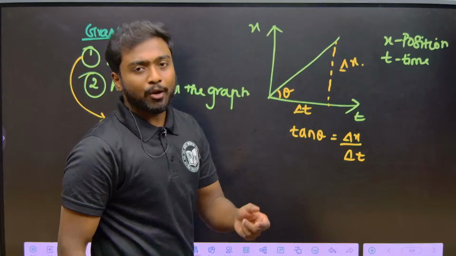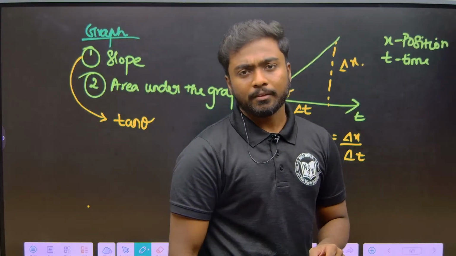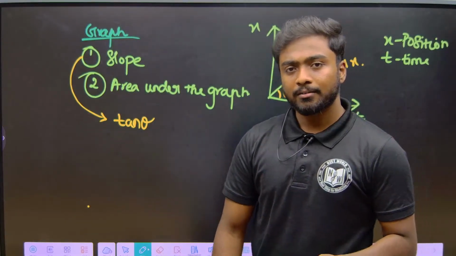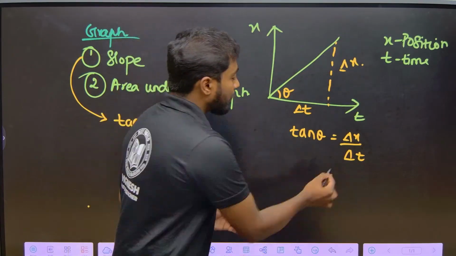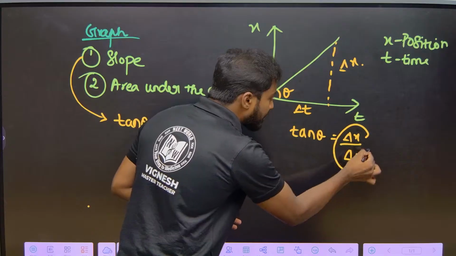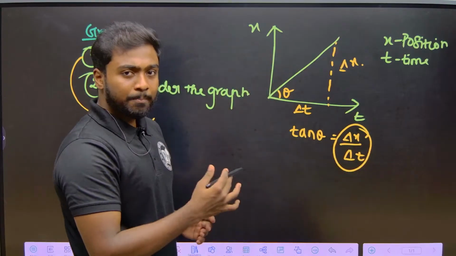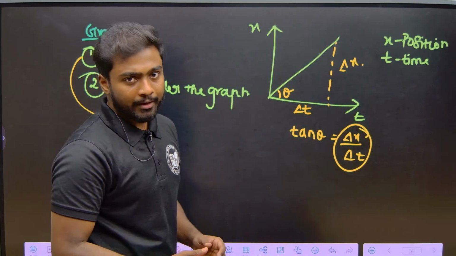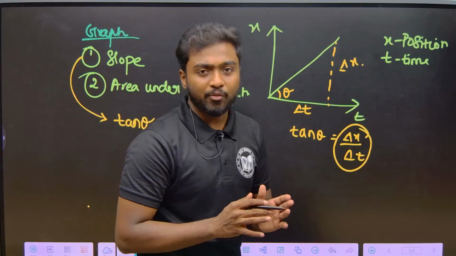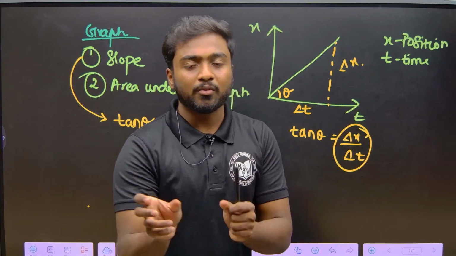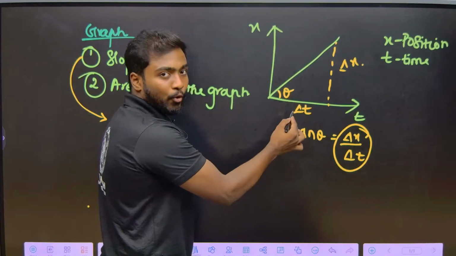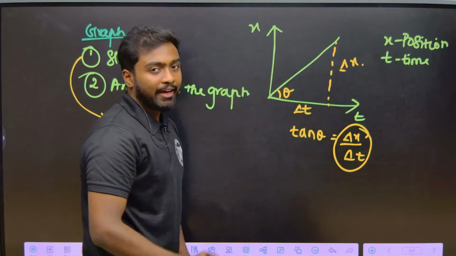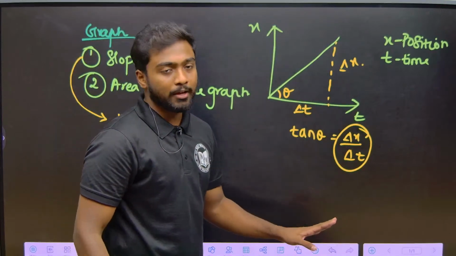What is velocity? Velocity is position by time, meter per second is the unit we know. It is displacement by time, right? An object has been displaced in this much time. That's why, when I talk about the slope for x versus t graph, I will get velocity.